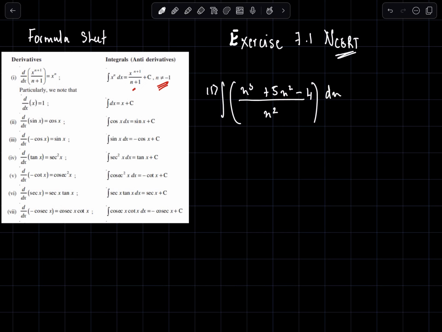Now you just apply the property of fractions, which is x squared is basically divided with each and every single term. Correct? So the same thing can be written as integral of x cubed over x squared plus 5x squared over x squared, because they have the same denominator, minus 4 over x squared.